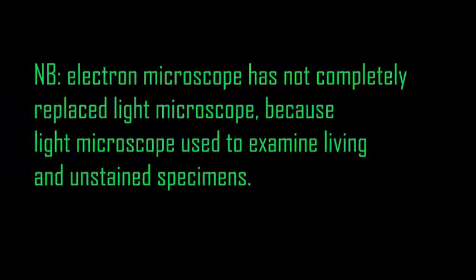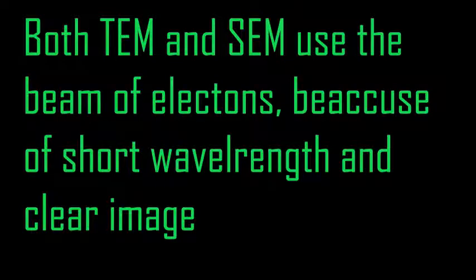Notice, the electron microscope has not completely replaced the light microscope, because the light microscope is used to examine living and unstained specimens. The transmission electron microscope and the scanning electron microscope both use a beam of electrons, because electrons have a shorter wavelength so they can produce a clear image.